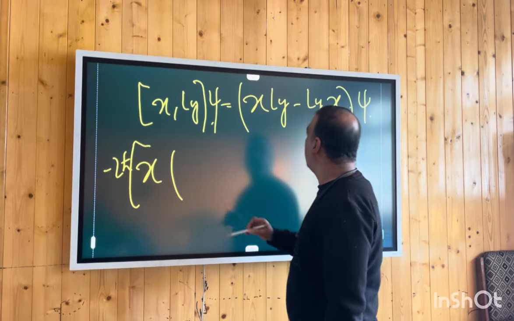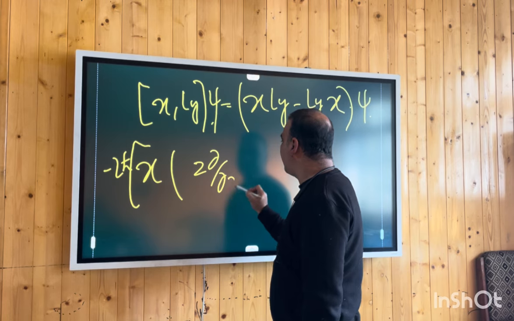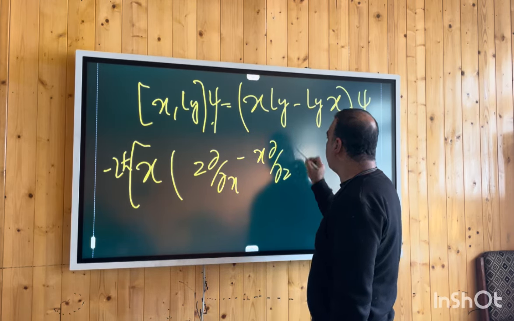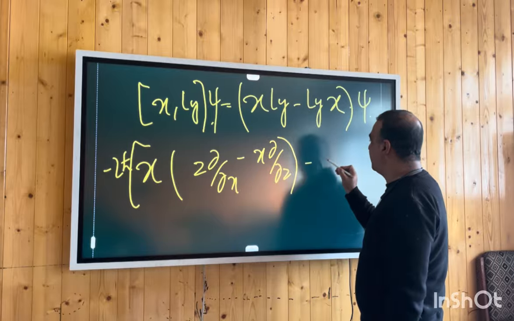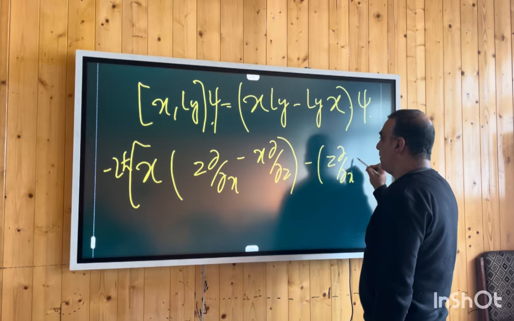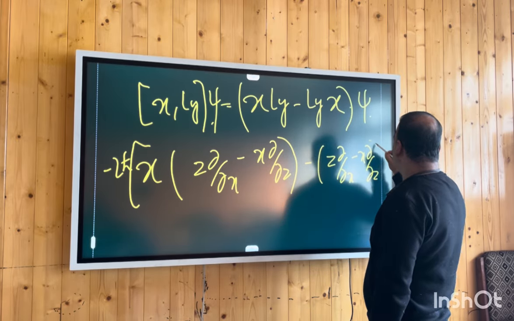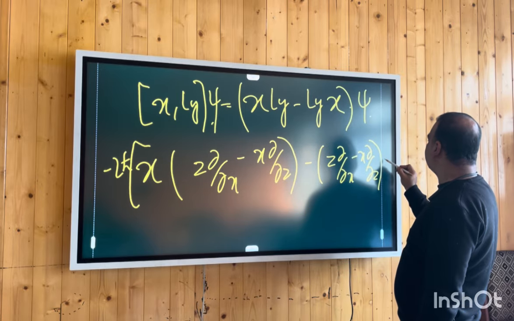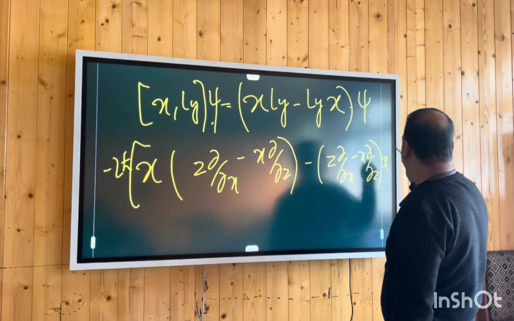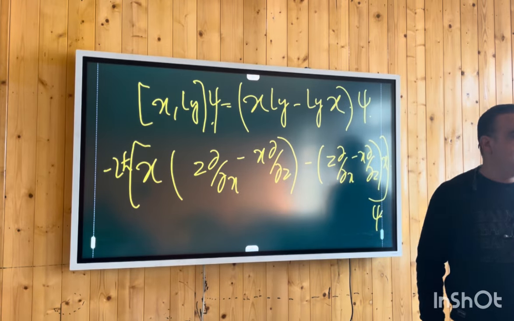So here you will have z ∂/∂x minus x ∂/∂z, minus z ∂/∂x minus x ∂/∂z multiplied by x. But this whole thing is multiplied by the eigenfunction psi, isn't it?